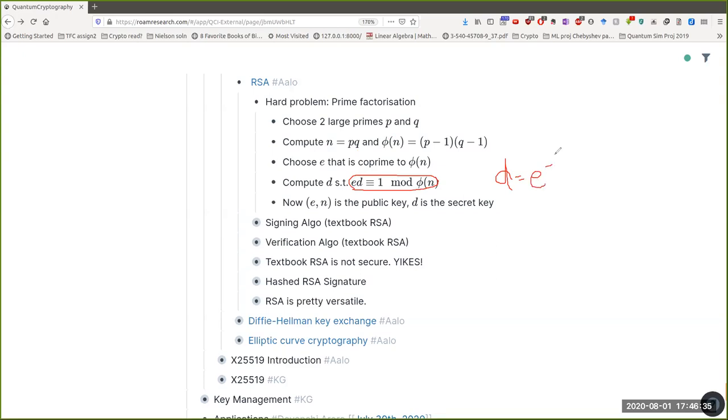Also you know n, right? So the hard problem here is that if you get to know what the prime factors P and Q are, you can easily compute E inverse. So that's basically the hard problem.